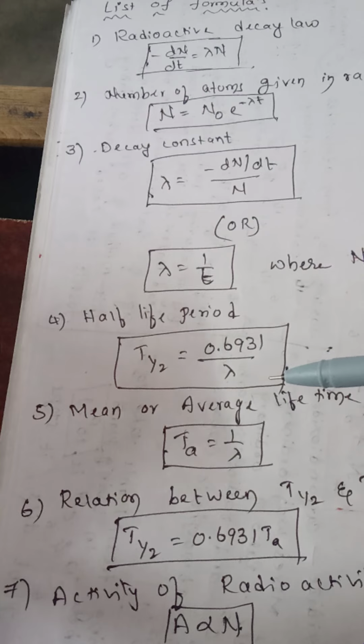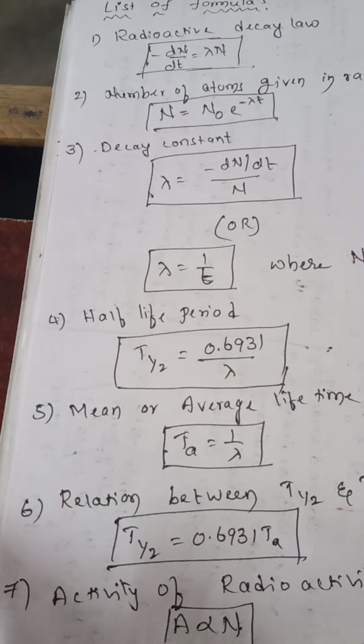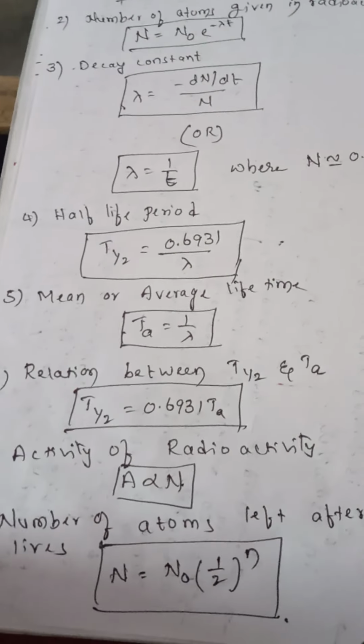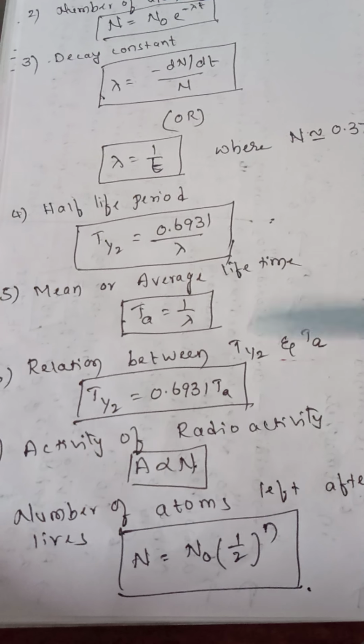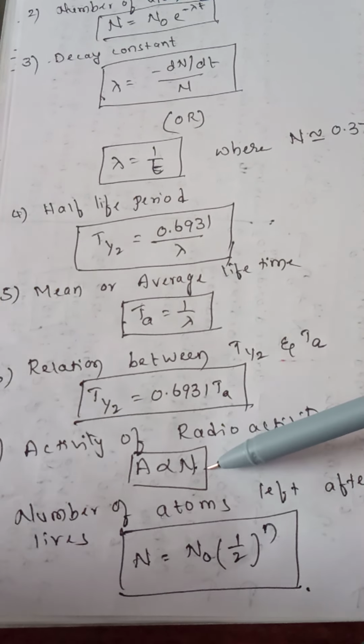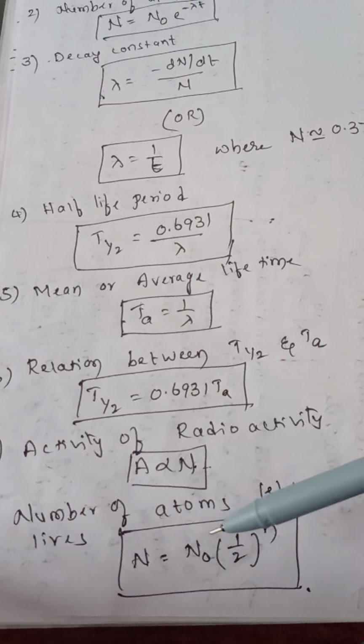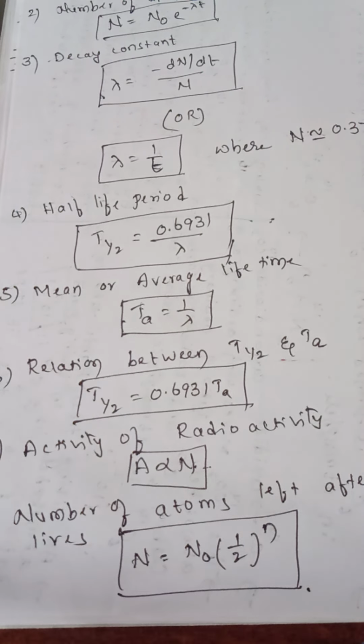Mean or average lifetime Ta equals 1 by lambda. The relation between T half and Ta is T half equals 0.693 Ta. Activity of a radioactive substance is proportional to the number of atoms present, and the number of atoms left after n half-lives is N equals N naught times (1 by 2) to the power of n.